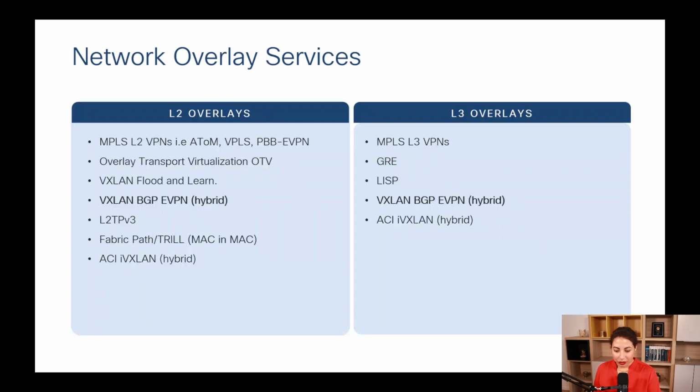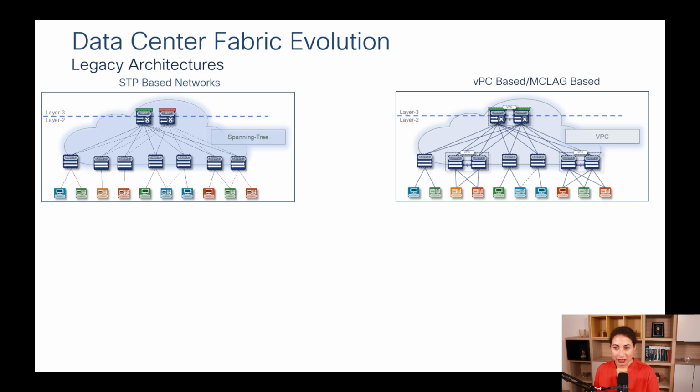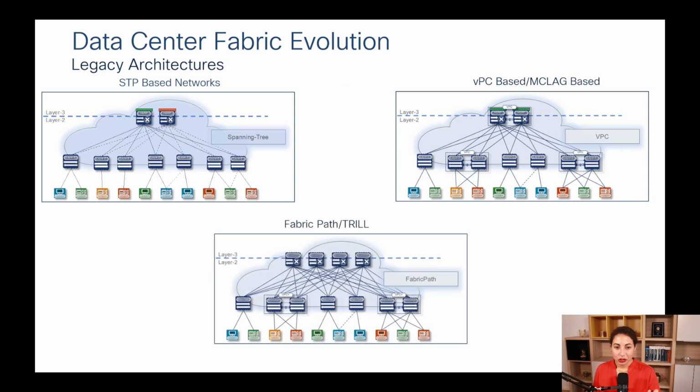And now, the last thing for our timeline before moving to VXLAN EVPN, just a quick few words about another enhancement that came not long after vPC, introduced by Cisco, which is FabricPath or TRILL. So this allowed us to get rid of spanning tree in our core network, since now we are no longer having spanning tree running between the edge devices and the core layer switches. Now we are encapsulating the MAC traffic, the L2 traffic, using an additional MAC header.